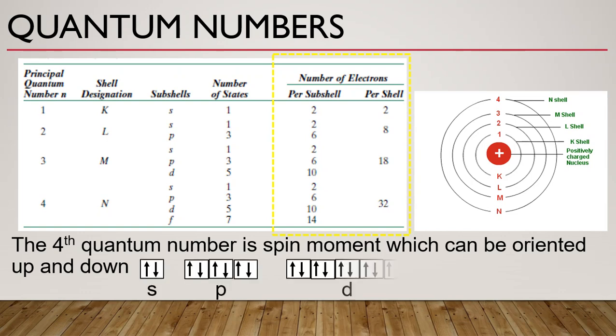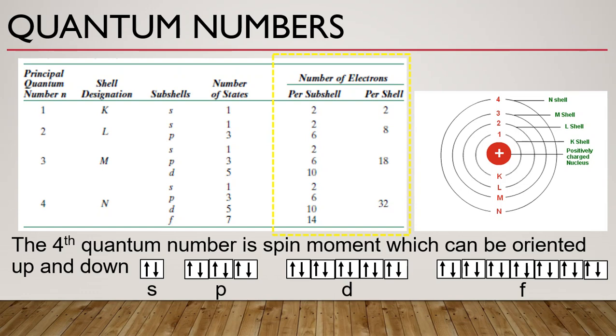For example, the number of electrons in the S subshell is 2, so we have 2 spin moments. In P, we have 6 electrons, so we have 6 spin moments. And the same goes for the D subshell and F subshell.